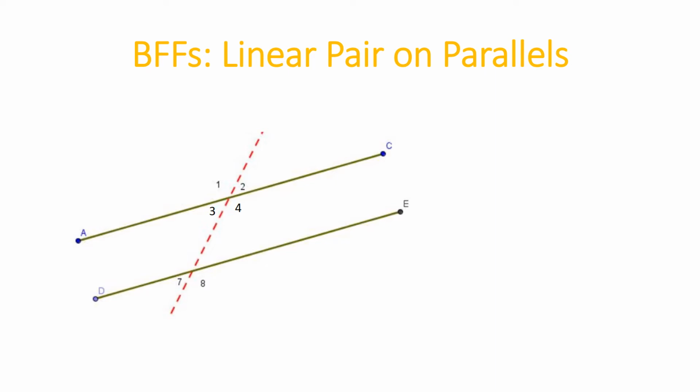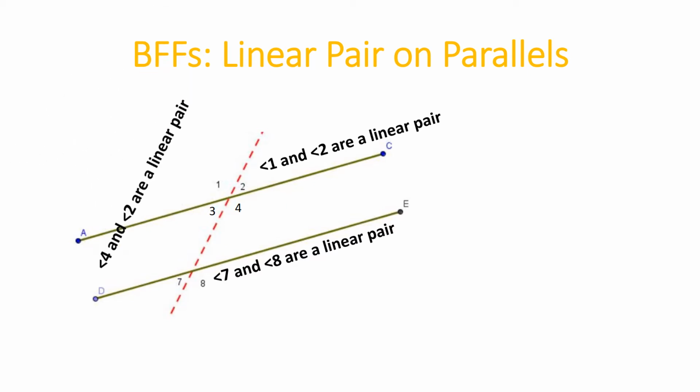So linear pair, what it looks like on parallel lines cut by a transversal is this. So 1 and 2 are a linear pair, and also 7 and 8 are a linear pair. But here are the tricky ones. 4 and 2, right here and here, also together make a line, but it's like a flipped line, so watch out for those.